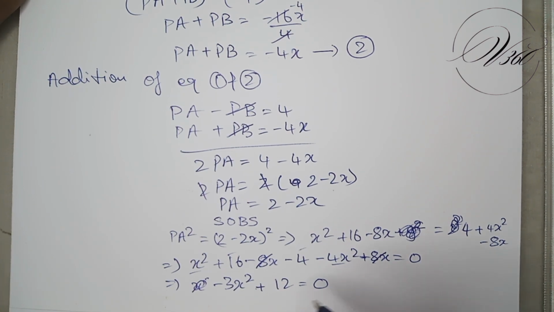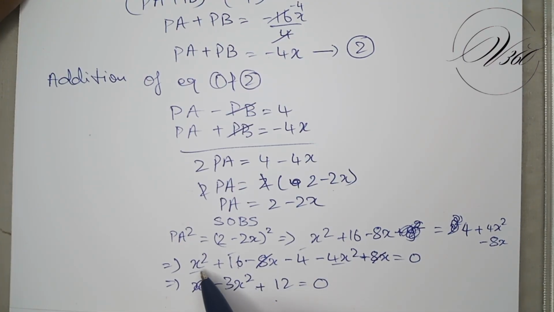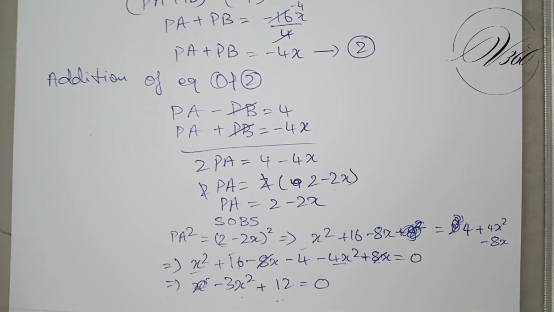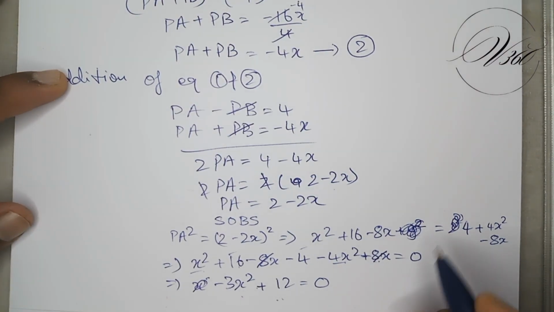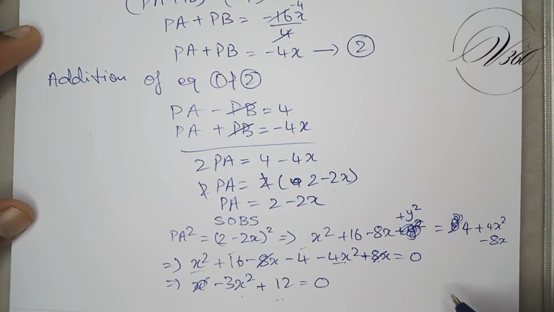Is it correct? Wait a second, let me check. x square, 16, this 12, this correct. Now here, yeah, true. Here we have done a mistake, that is plus y square. This is correct only, but I did not take it.